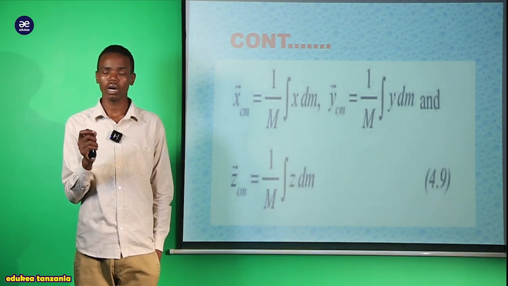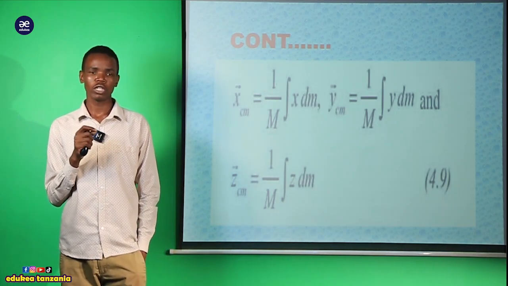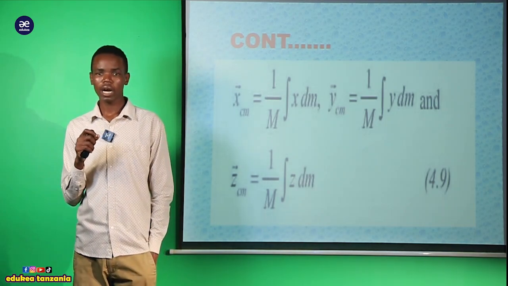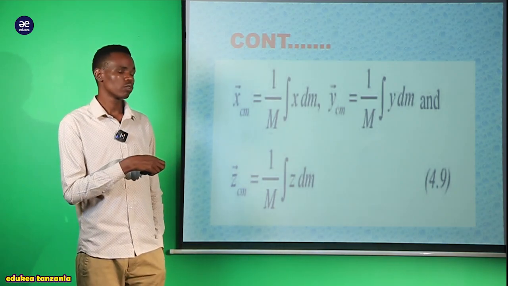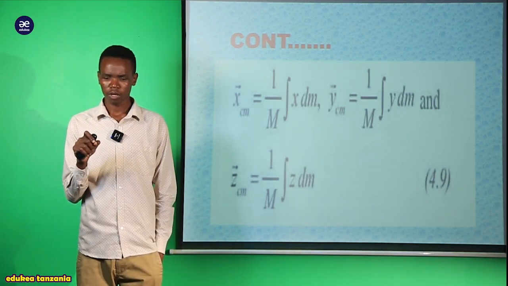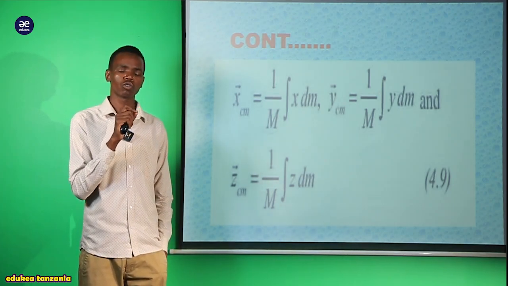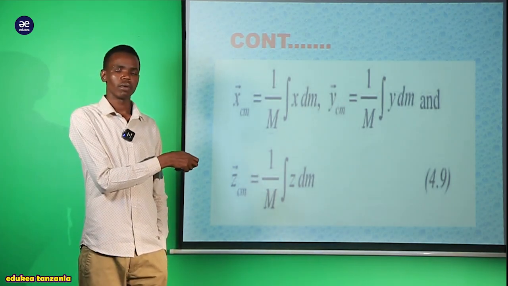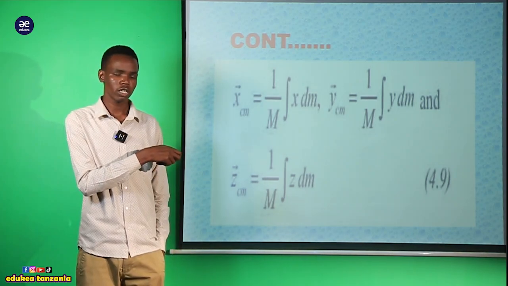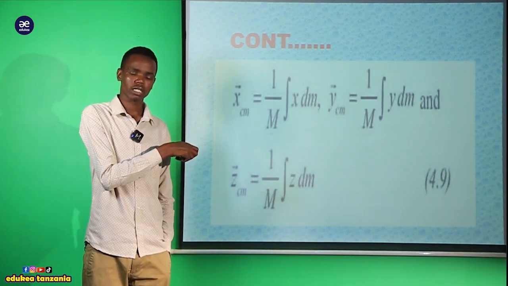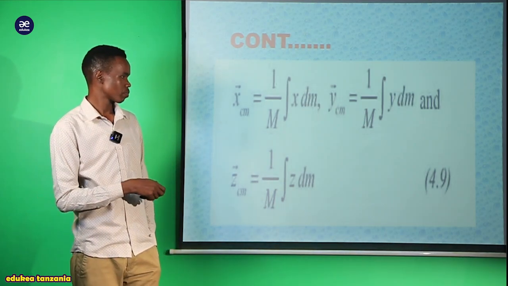Now we are supposed to factor it out of the integration, and our equation should be that the center of mass along the x coordinate must be equal to 1 over m times the integration over the rigid body of x times the derivative of m.